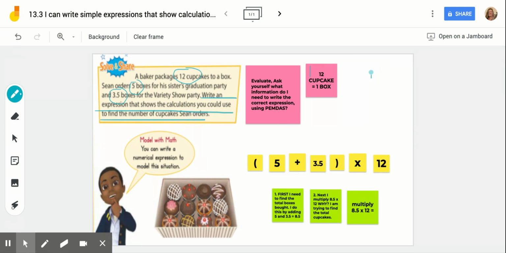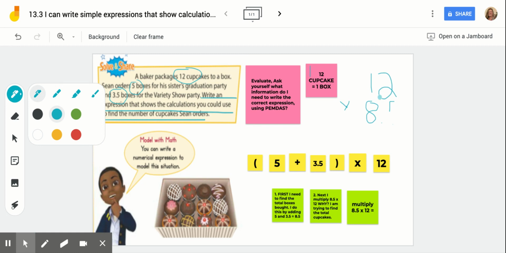I'm going to write out 12 times 8.5. Let's see if this works better.